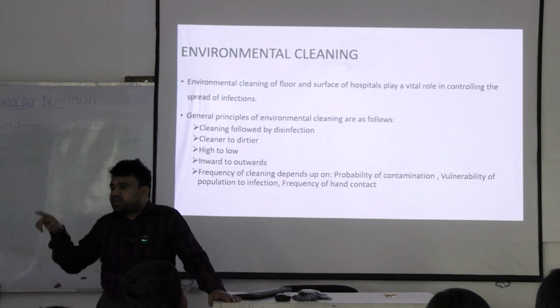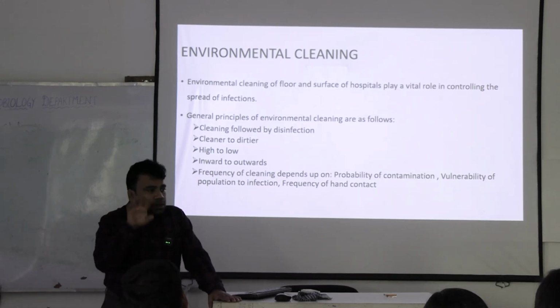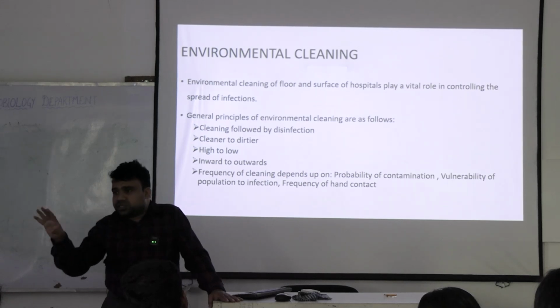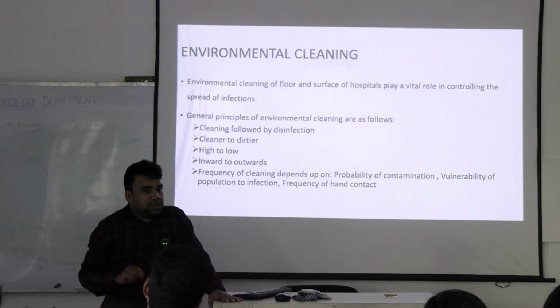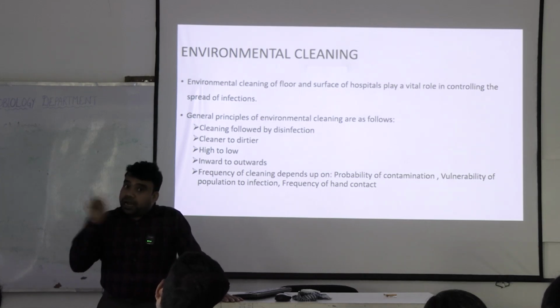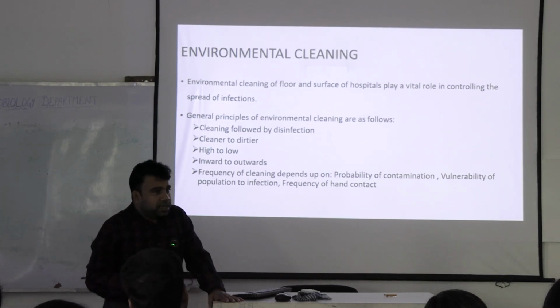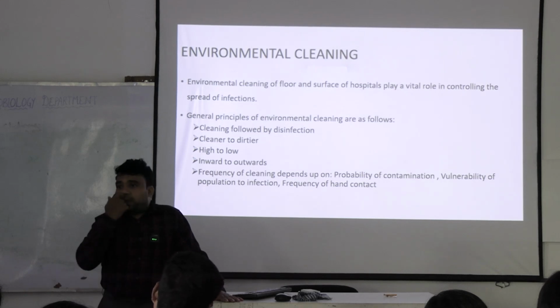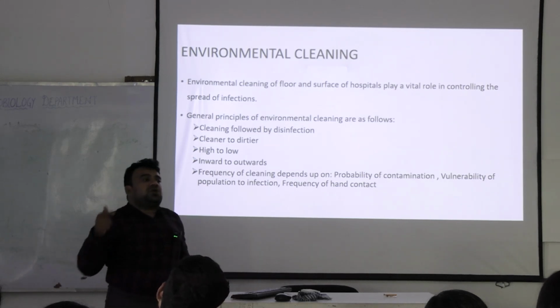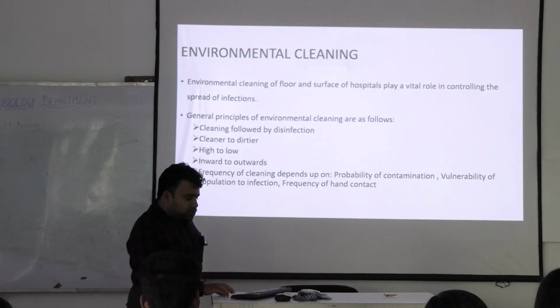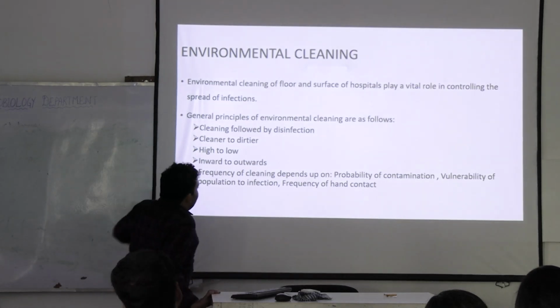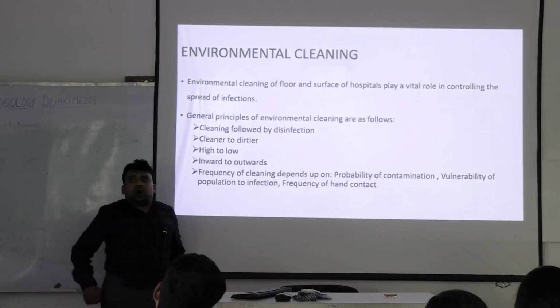If the patient is having any automated instrument, people will touch the, like the ECG monitor or the probes, those will be highly touched. So while cleaning the patient surrounding, the high touch area should be cleaned first and then the low touch areas. Why? Because the probability of presence of organisms in the high touch area is higher than low touch area. Next would be inwards to outwards.